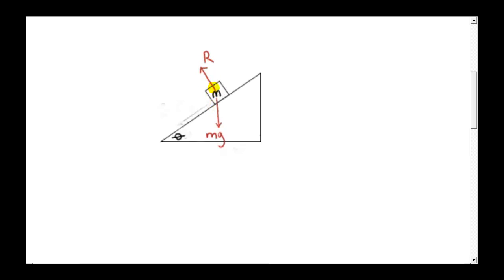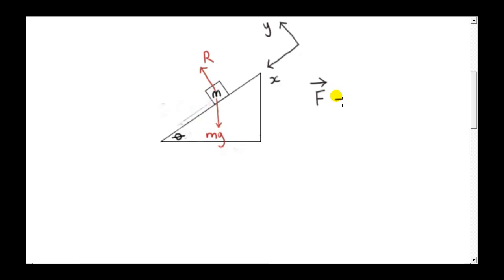Let's consider the resultant force on this particle. The easiest way to do that is to consider the particle in relation to an xy coordinate system, where the x-axis points down the incline and the y-axis is perpendicular to the incline. F is the resultant force on the particle. We could get that by summing these two vectors using the parallelogram law, for example.